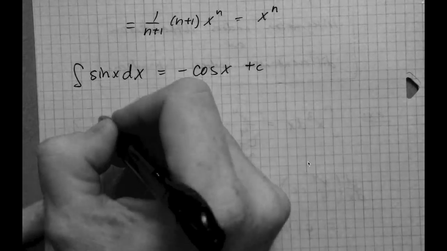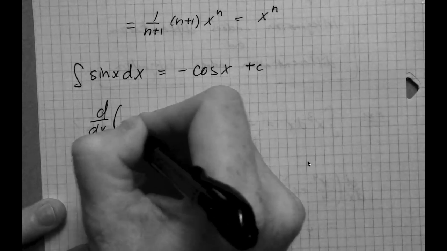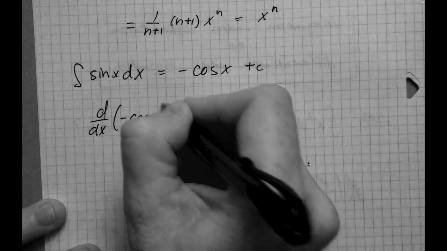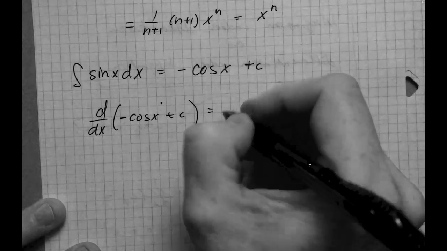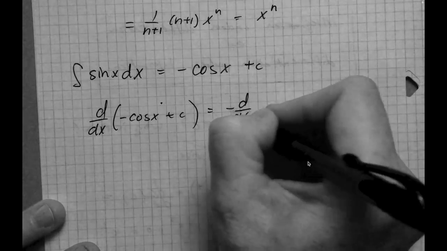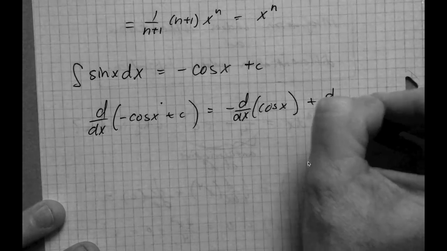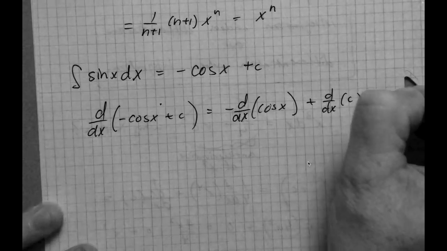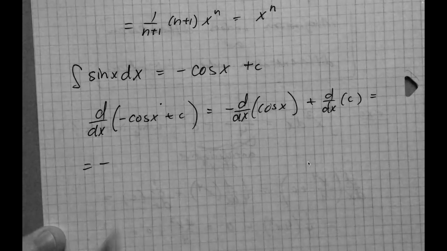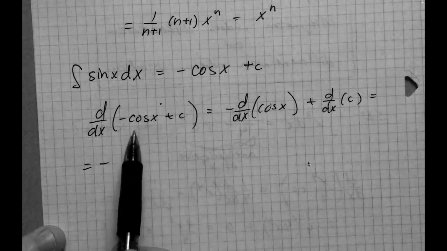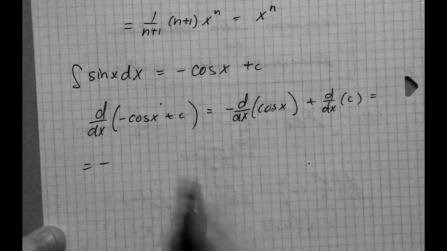Why is that? Well, it's because the derivative of negative cos x plus c, I can think of as negative d/dx of cos x plus d/dx of c. So that's negative, and the derivative of cosine is negative sine.